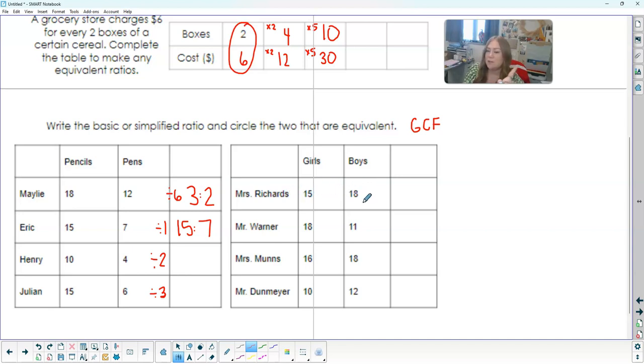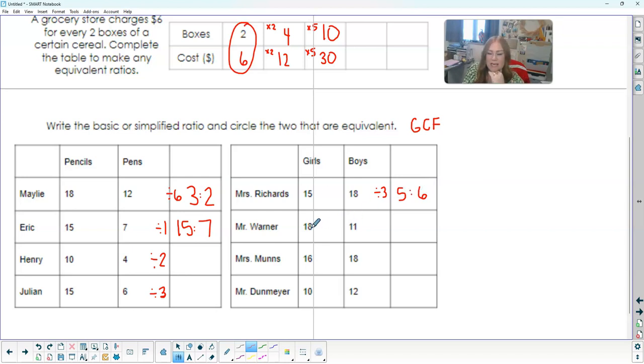No. 6 goes into 18, but not 15. 5, goes into 15, not 18. 4, no. 3, oh yes, we're going to divide these both by 3. 15 divided by 3 is 5. 18 divided by 3 is 6. So every time there's 5 girls, there's 6 boys, and that's repeating that pattern 3 times.